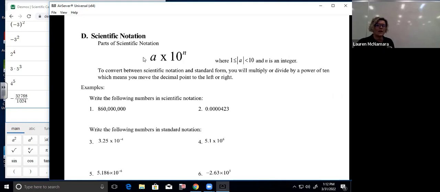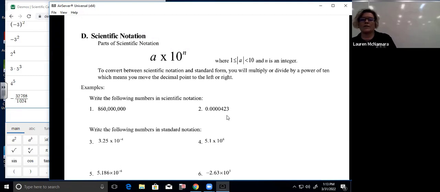You could have a negative out in front, but that's not what we're talking about. We're talking about the A part has to be between 1 and 10. It has to be less than 10, but greater than or equal to 1. And then times 10 to some exponent. Well, that's the number of zeros that you have, and it's the direction. Is it a positive or a negative?